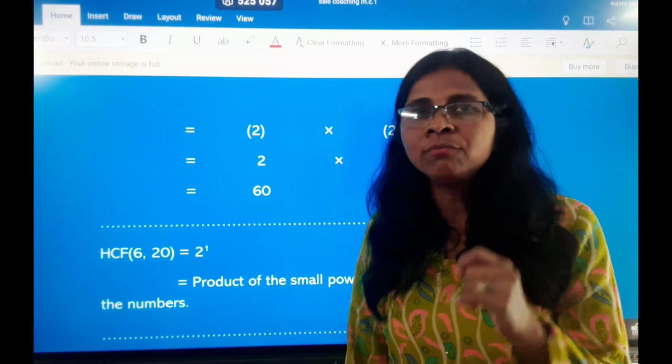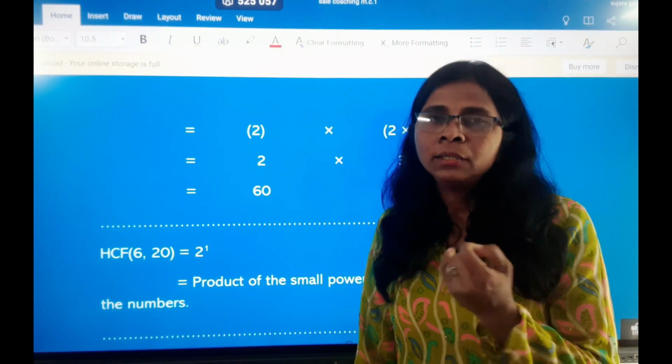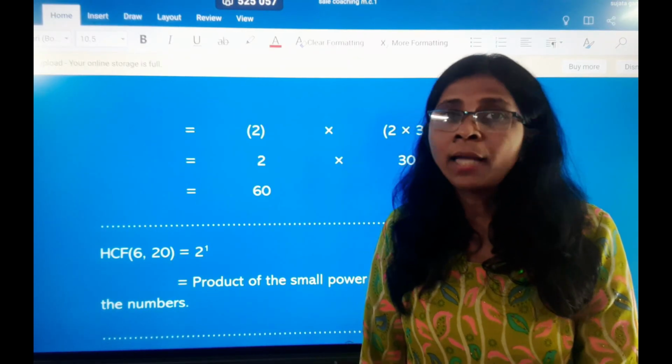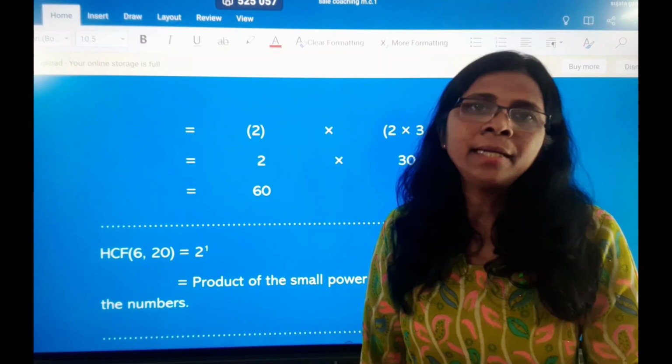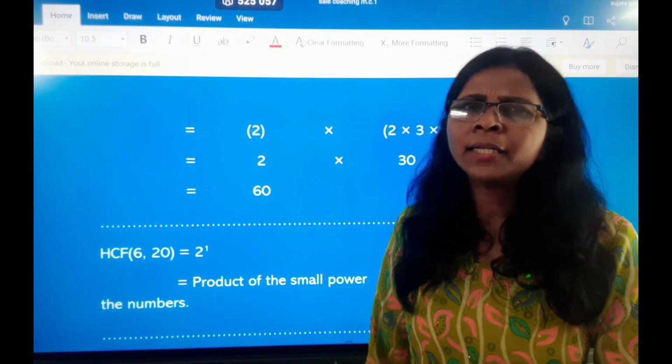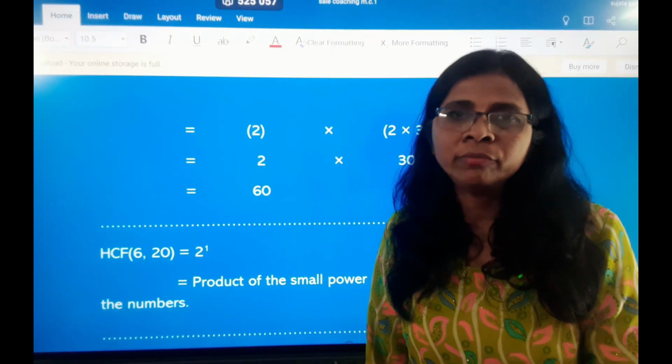Okay, so this is one method that you can use to find out the HCF and LCM. Now see the second method, that you can find out the HCF and LCM in an easy and short way.